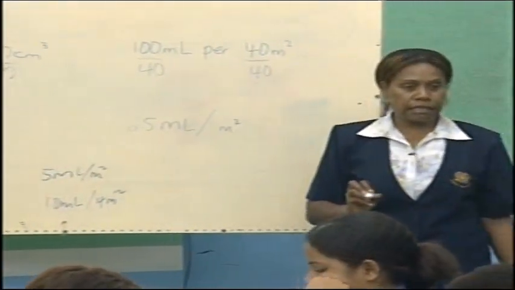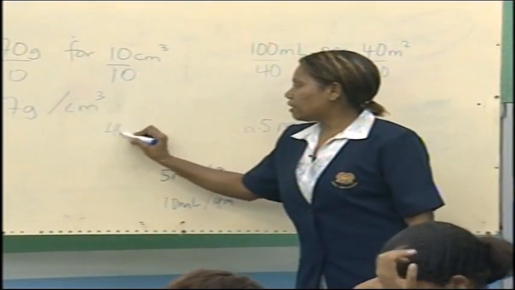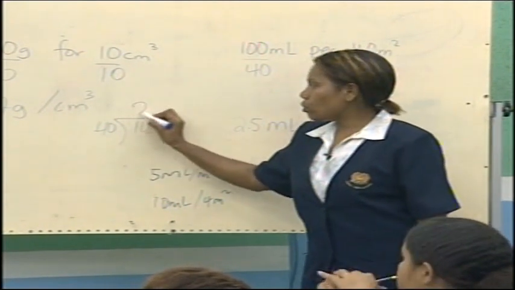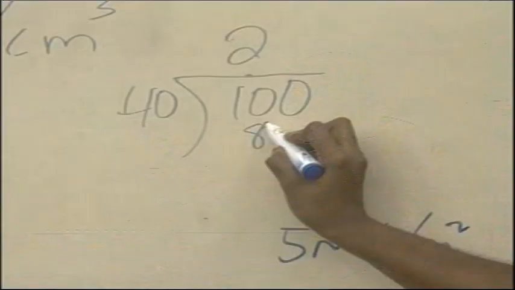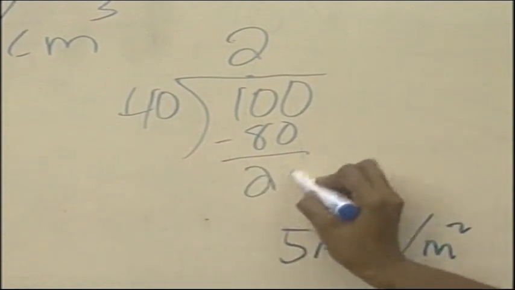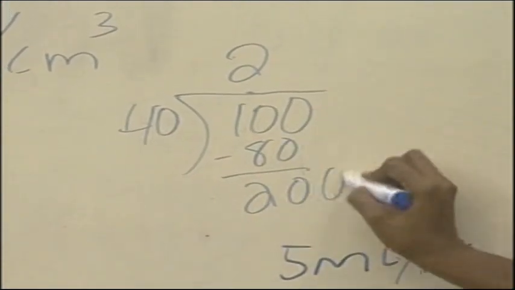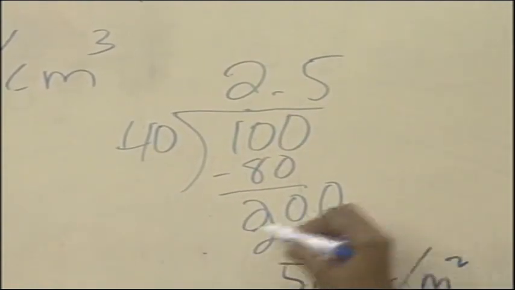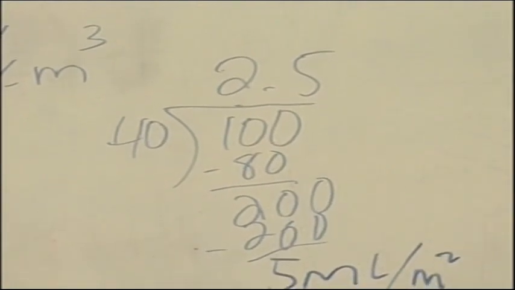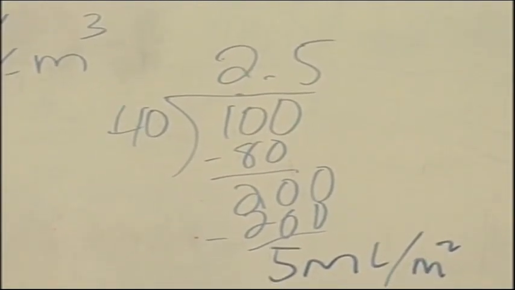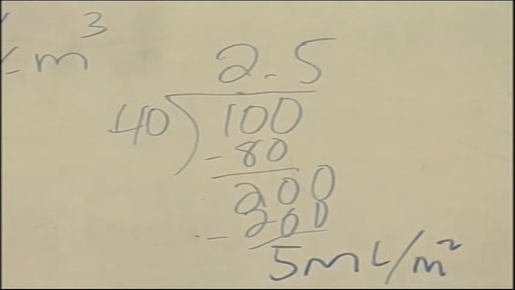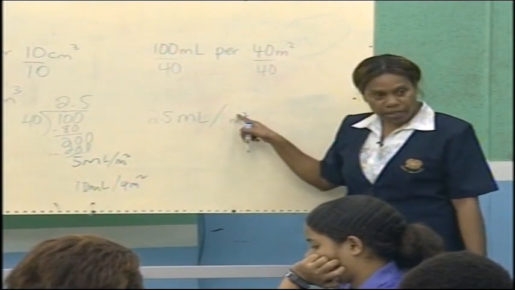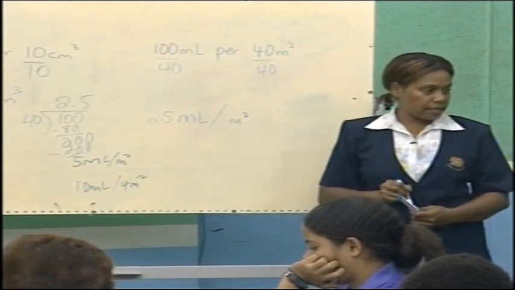2.5 milliliters. 40 into 100 goes 2 times. 40 times 2 is 80. Okay, I subtract, 20. Now can't I bring down 0? 40 times 5 is 200. 2.5. So our fixed rate will be 2.5 milliliters per square meter.